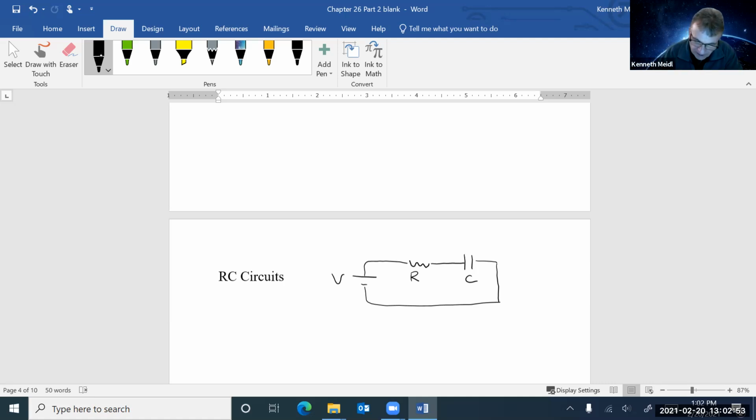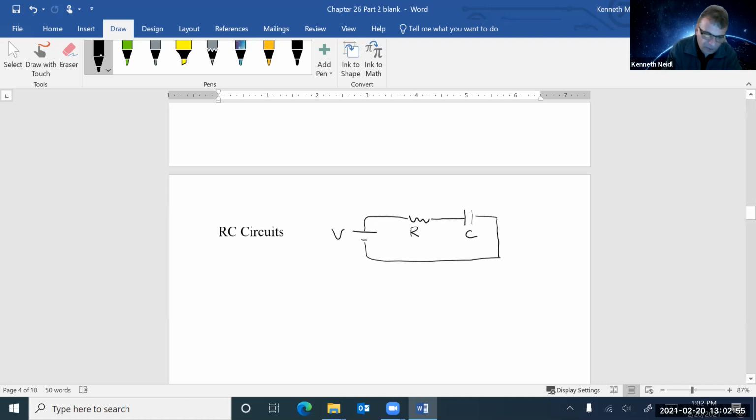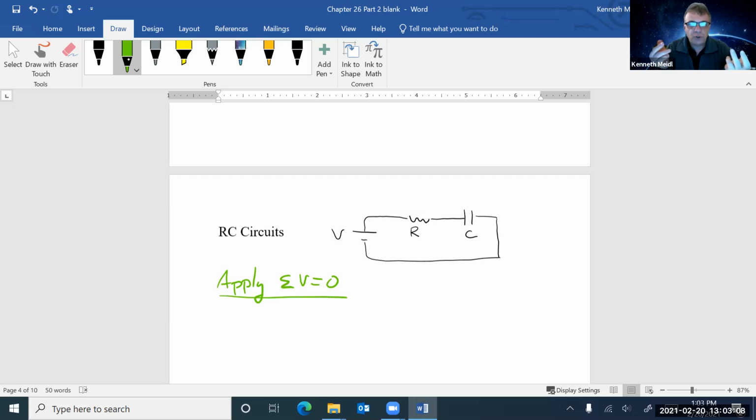But when you look at this right here, just do something like this. Apply Kirchhoff's loop rule. I only have one loop, so there's no junction, so I don't have to use the junction rule here because it's insignificant. We don't have any branches or anything like that at all.